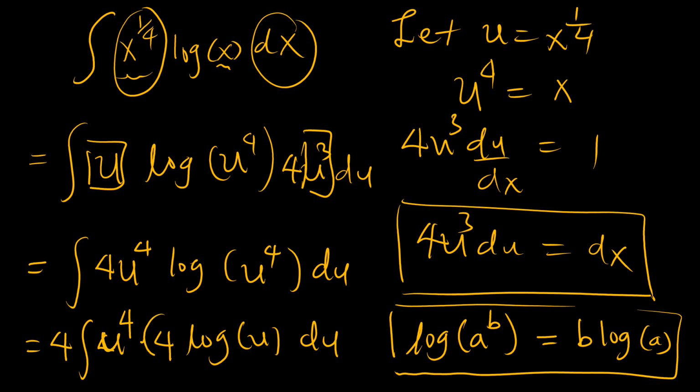And so this 4 and this 4 can now come together, and this is what we'll get. Eventually now we do have our integral being 16 u to the power 4 natural logarithm of u du.